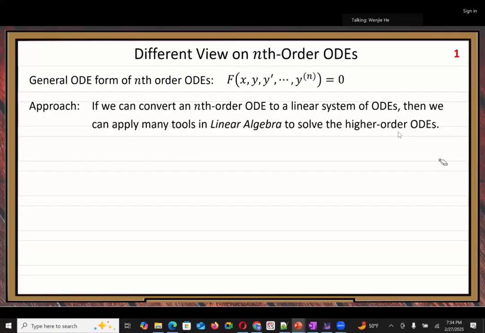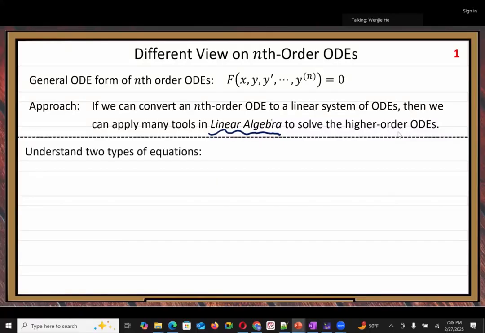We know linear algebra has a lot of powerful tools. Eigenvalue, remember eigenvalue, a lot of matrix related techniques we can apply to solve the higher order ODEs. So that's a good view to take.